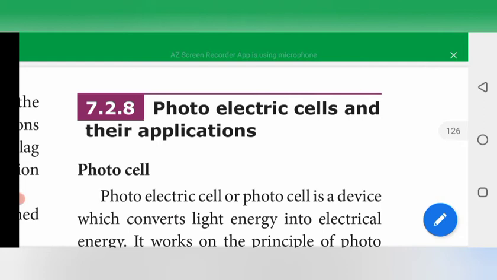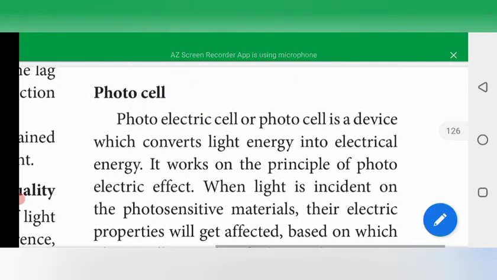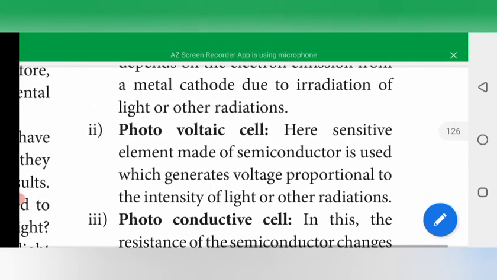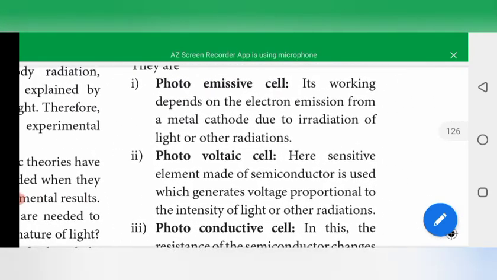When light is incident on a photosensitive material, the electric properties get affected, and photocells can be classified into three types: photoemissive cell, photovoltaic cell and photoconductive cell. There are three types of photocells.